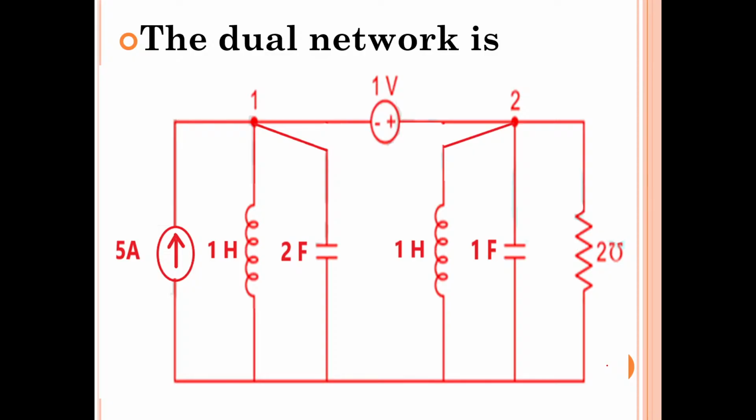So this is the dual network of the circuit which has been given in the question. You can even mention one more node I didn't mention here.